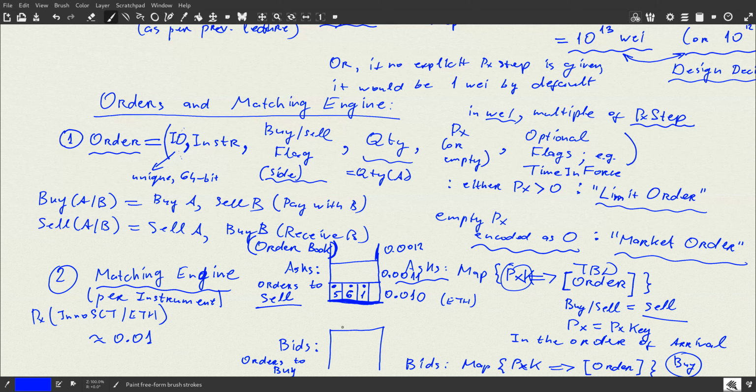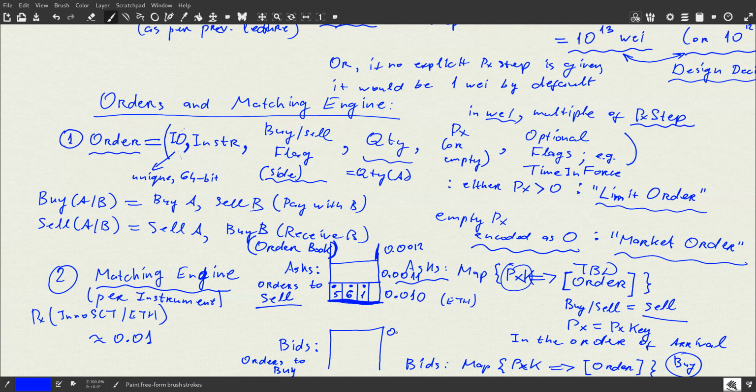In our graphical depiction, we would say that bid prices, so orders to buy, are lower than the corresponding ask prices. Initially, suppose that the picture is like this.